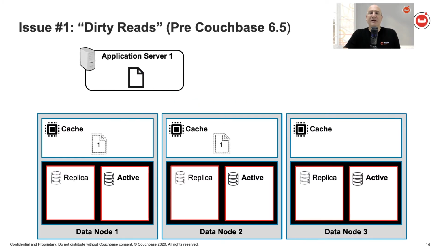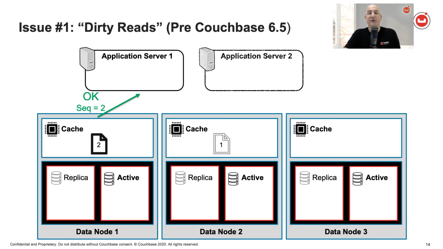Let's examine that scenario. Application server 1 changes the document on node 1. Its sequence is changed from 1 to 2. The application gets an OK. Now comes a second application server and reads that same document. It will get the new revision of the document, right?